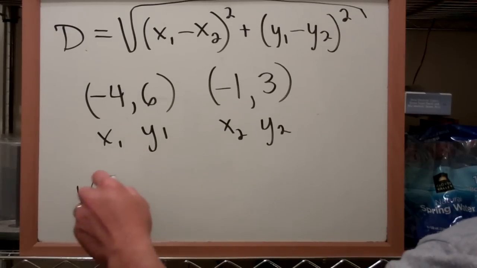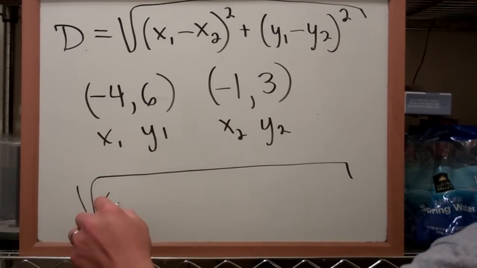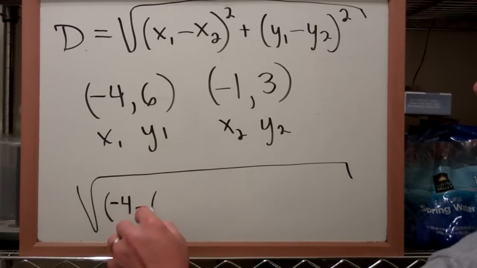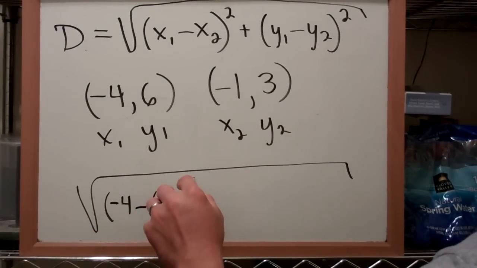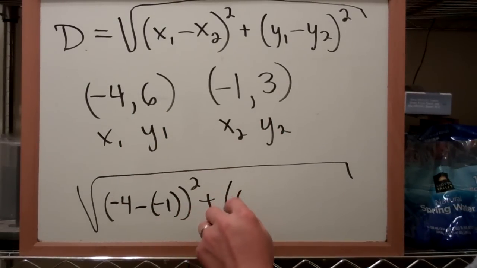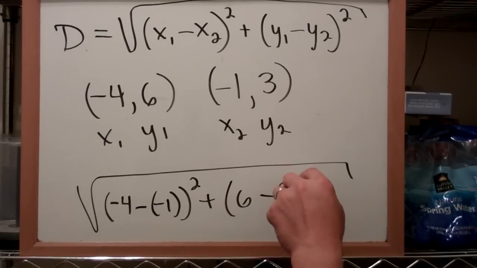So let's write that out. We have x1, which is -4, minus -1, quantity squared, plus y1, which is 6, minus 3, quantity squared.